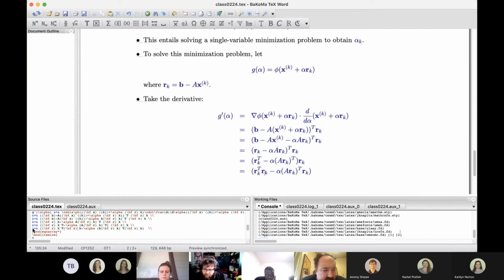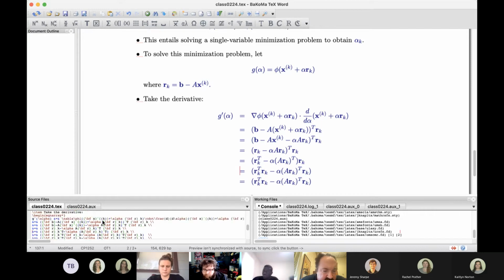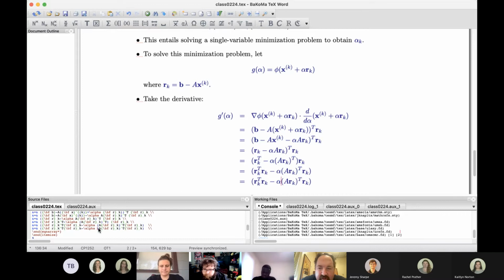And then, a very important property of transpose that I feel like I've used in class a number of times already: the transpose of a product is the product of the transposes in reverse order. So that's going to be rk transpose A transpose rk, but A is assumed to be symmetric.